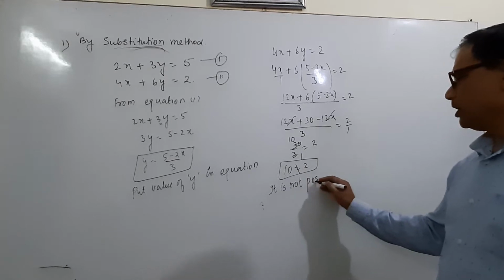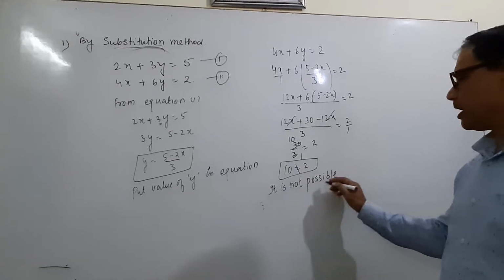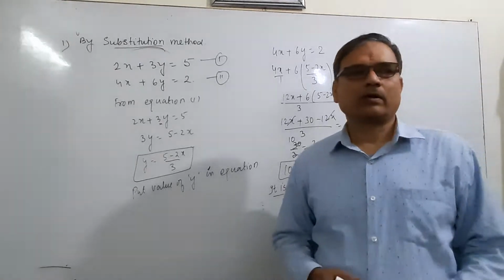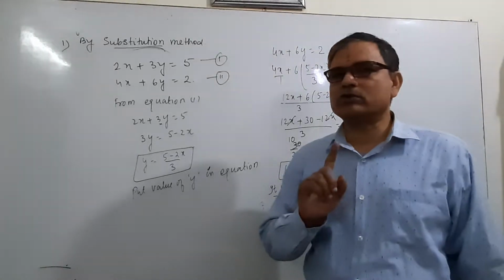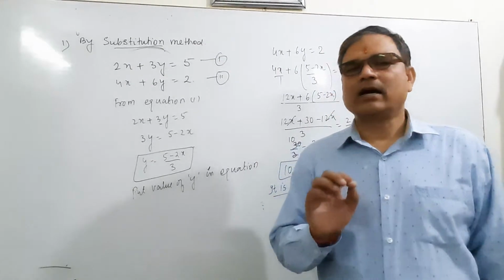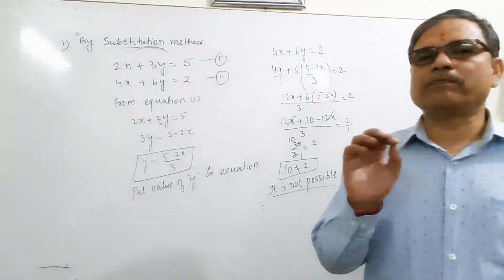If LHS is not equal to RHS, this shows that the values of x and y are not possible.